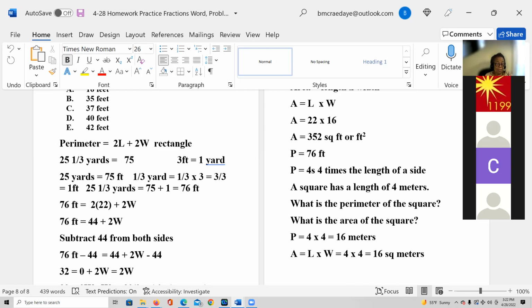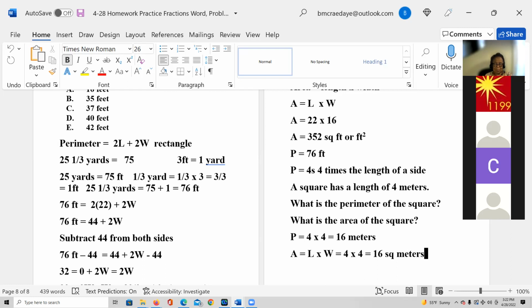Because all lengths are the same for a square. For a rectangle, you have 2 lengths and 2 widths. They're different. But for a square, all lengths are equal. So it's 16 square meters, because I gave you meters as the units.